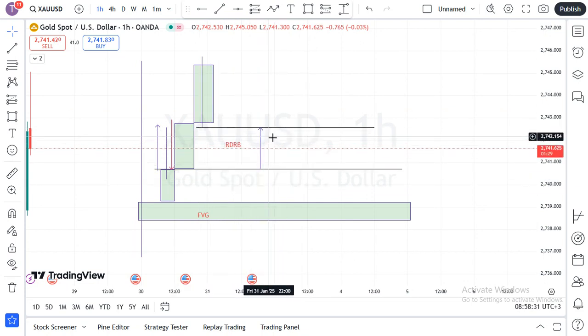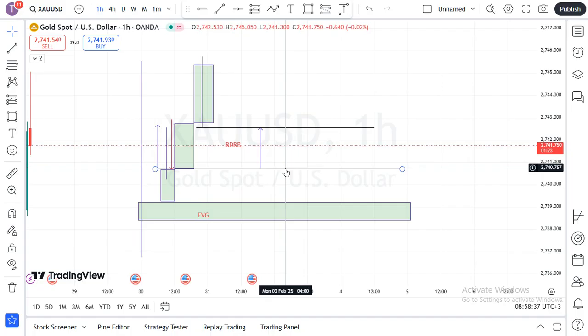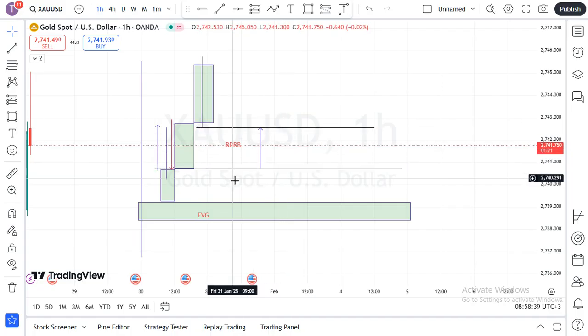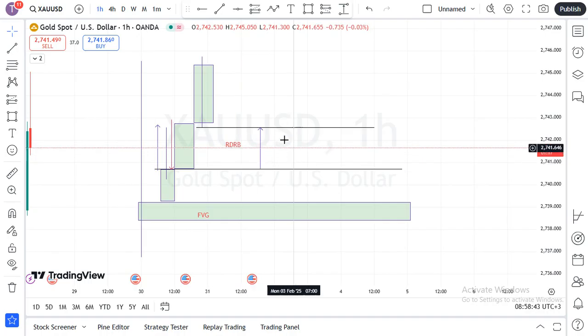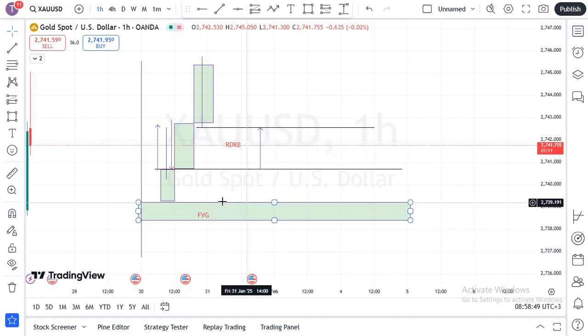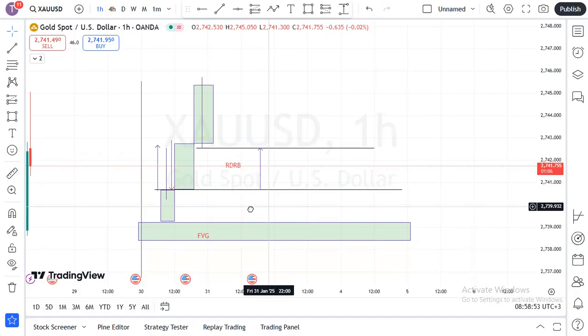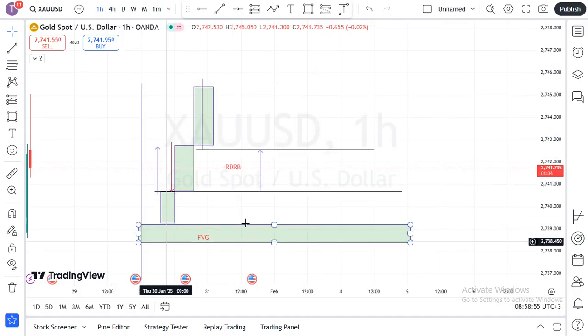So it is one of the favorable internal liquidity. So there is a lot of opportunities on the PDRA than the opportunities on the fair value gap. So what shall we see on this?